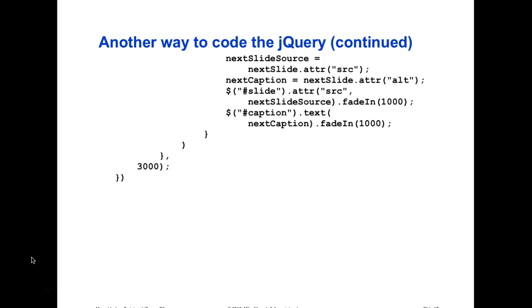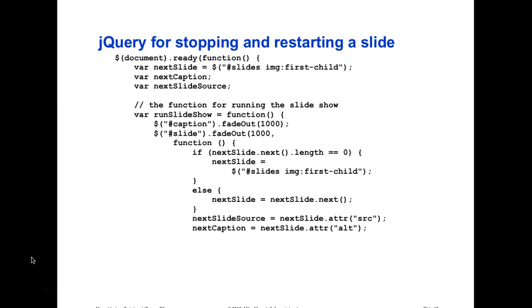And then we've got our attribute source, our attribute alt tag, importing them into variables, and then fading both the source image and the caption in 1 second. So we've removed that complexity of that image cache array with the modulus operator from the previous slides. So here's an example of jQuery stopping and starting a slide.